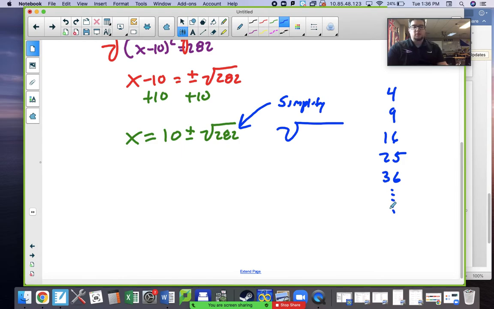All of my perfect squares through the list, none of them have worked. So this one cannot be simplified, and we get to keep our answer right here.